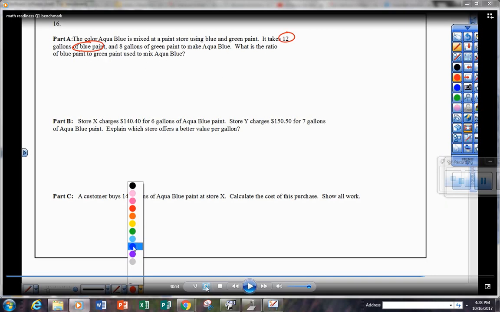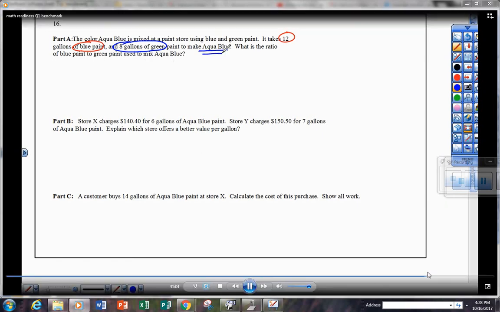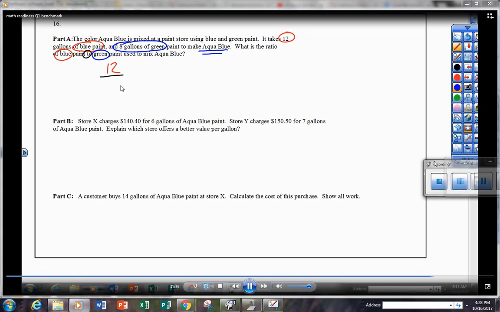So all I do is take that first number for blue paint, which is 12, and compare it to green paint, which is 8. If I set it up as a true ratio, 12 on top to the number of gallons for green paint, 8.